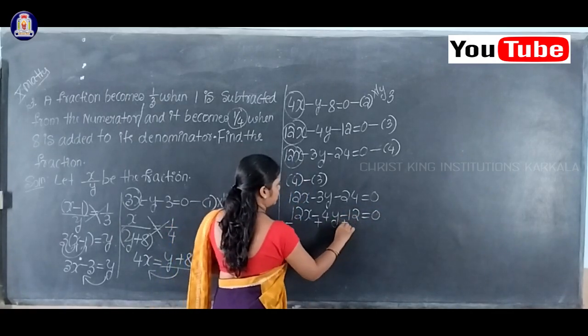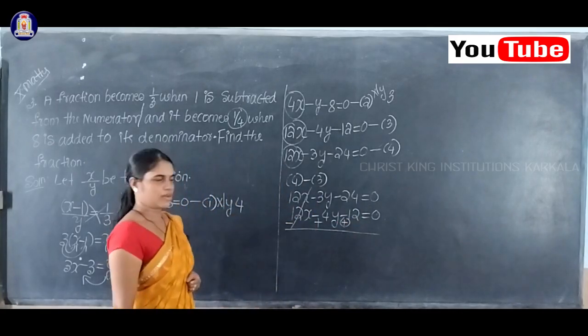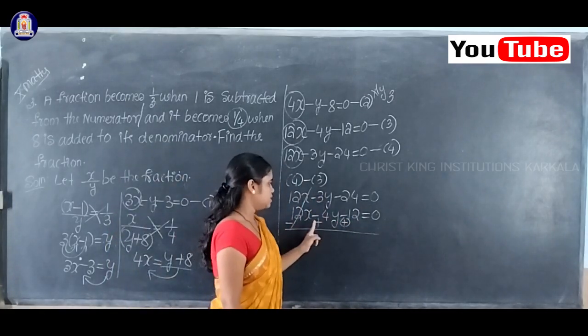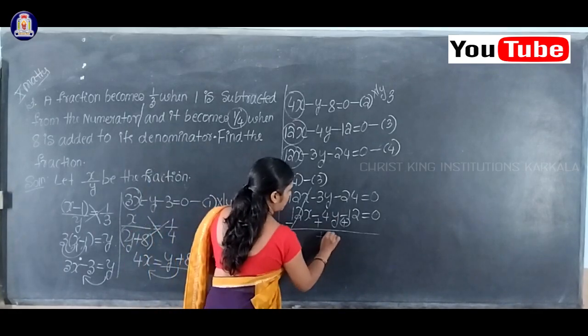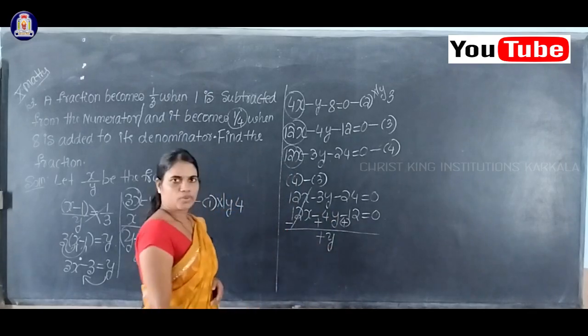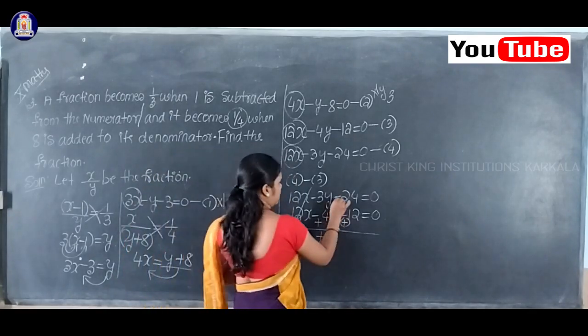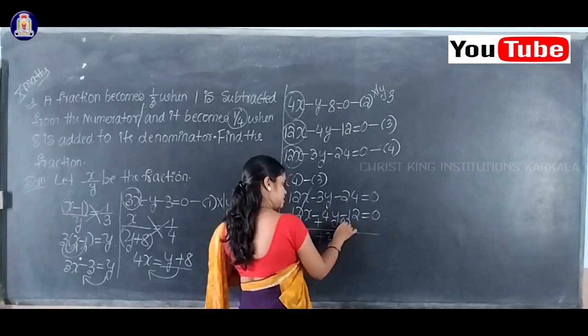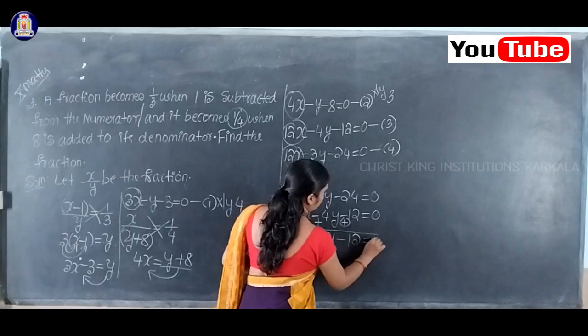We'll change the sign. Plus 12x and minus 12x get cancelled. Minus 3y plus 4y is plus 1y, which is y itself. Next, minus 24 plus 12 is minus 12 equal to 0.